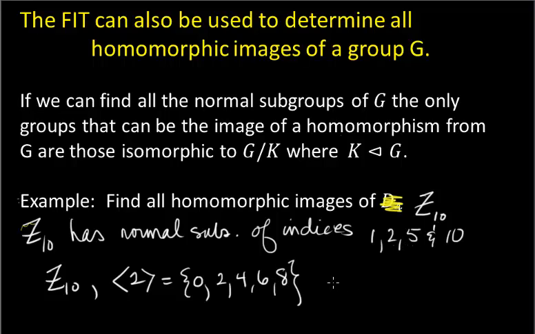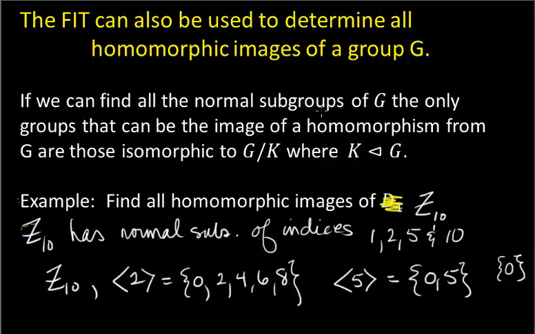The one of index 5 would be the subgroup generated by 5. That would give us the subgroup 0 and 5. It has 5 cosets, and of course the one of index 10 that only has one coset is just the little subgroup containing the identity.